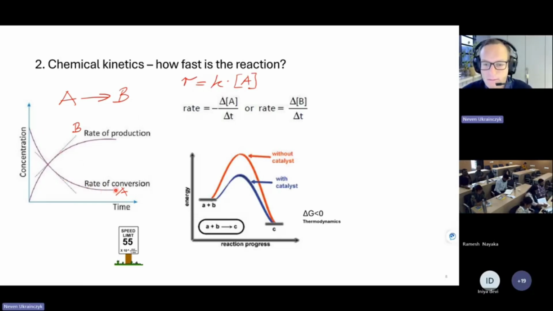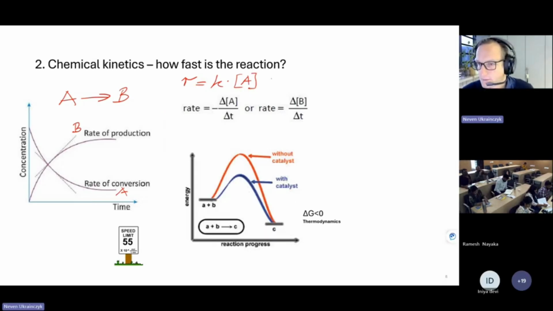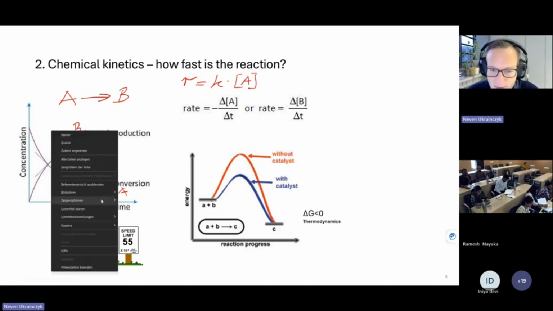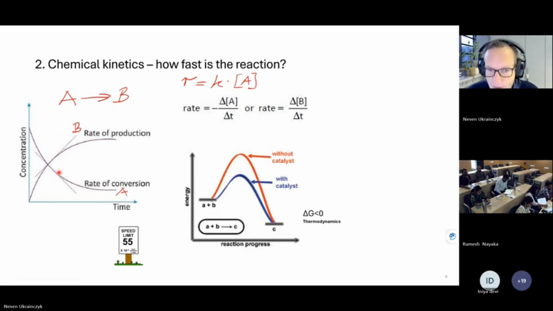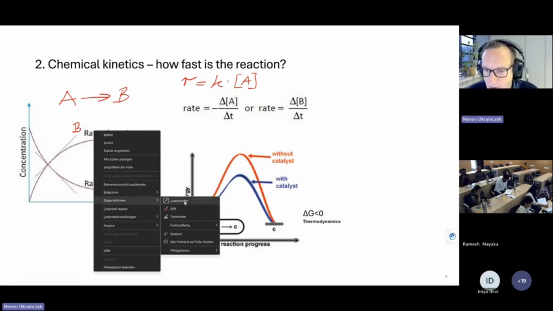When you solve it, because this is actually a differential equation, let me write it. The rate is the change. It's actually the slope of the concentration here. If you solve the differential equation, you actually get an exponential solution.